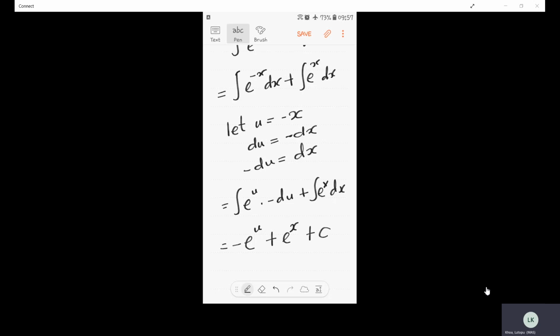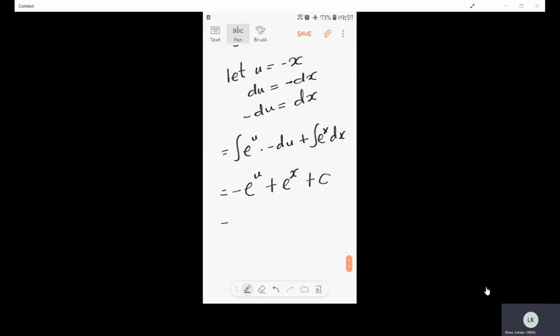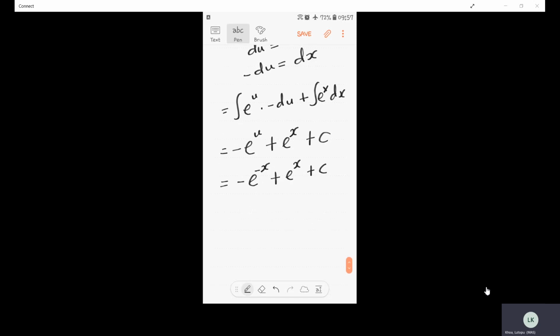So this is equal to minus e to the power of minus x plus e to the power of x. You can rewrite this as minus 1 over e to the power of x plus e to the power of x plus c.